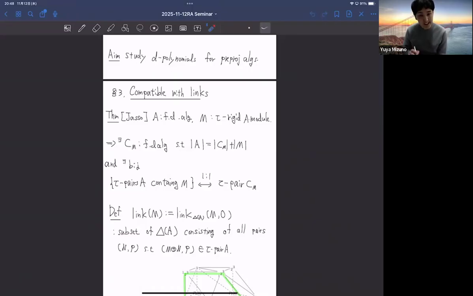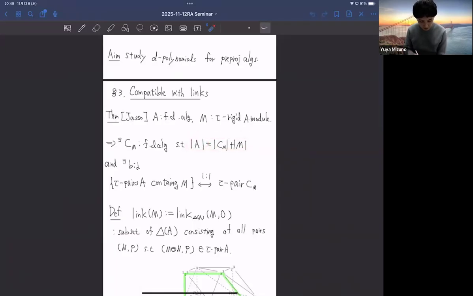So let me briefly recall the important result by Hassel. Let A be a finite dimensional algebra, and M a tau-rigid A-module. Then we have some finite dimensional algebra denoted by C_M, and it satisfies this condition.